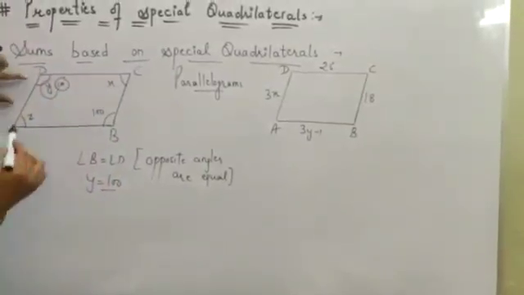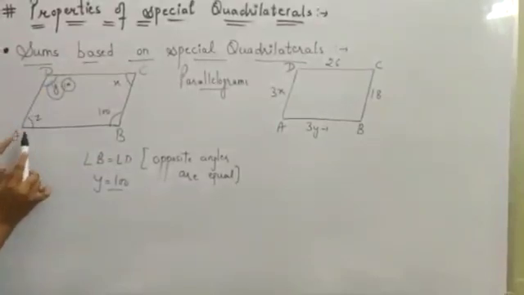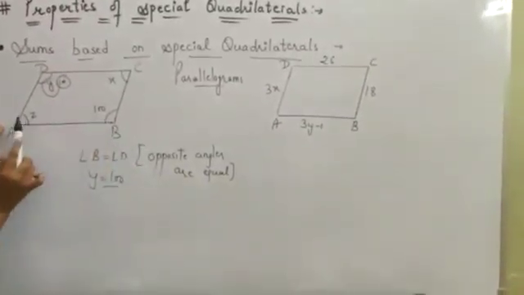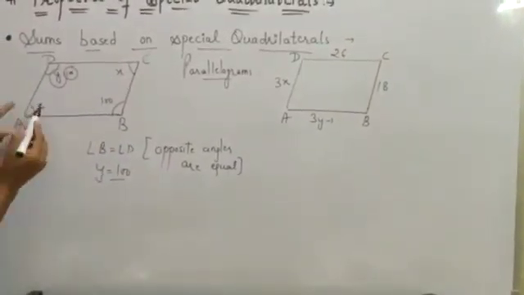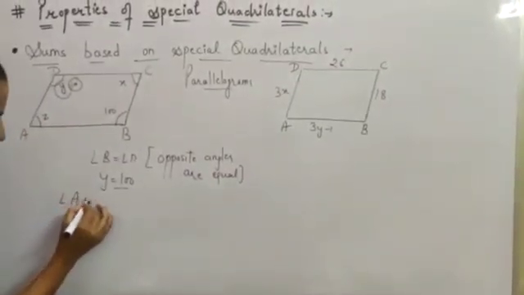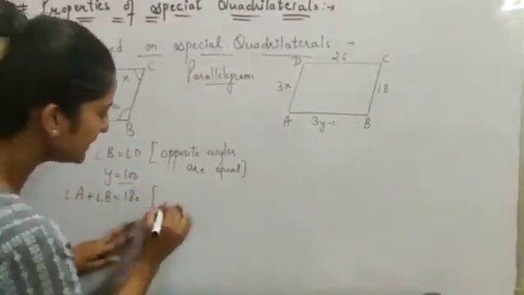Next, we know that the sum of adjacent angles, the meaning of adjacent angle is what here? A and B, these both are adjacent angles, one after the other. D and A, they both are adjacent angles. So now we have to find the value of Z. We know that angle A plus angle B is 180 degrees. Why?